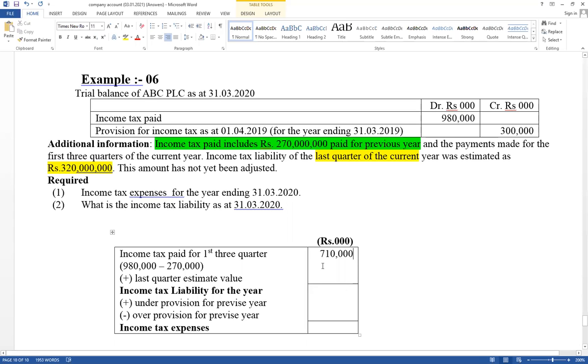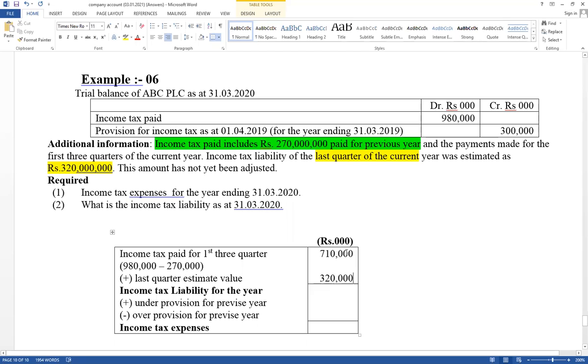It is not given clearly. Total paid amount is given, and it includes 270,000 paid for previous year. It means the balance part is the first 3 quarter paid amount. And it has given income tax liability of the last quarter of the current year. Last quarter estimate value is given, 320,000. That value should be added.